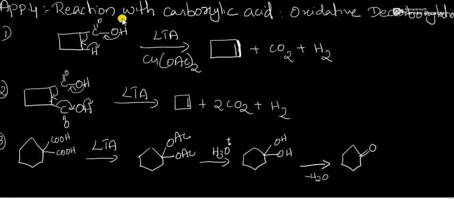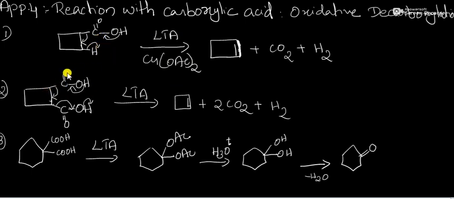Another application is reaction with carboxylic acids, which is also called oxidative decarboxylation. First is the reaction with monocarboxylic acids. In the presence of LTA and copper salts, it will convert them into alkenes by the elimination of carbon dioxide and hydrogen.